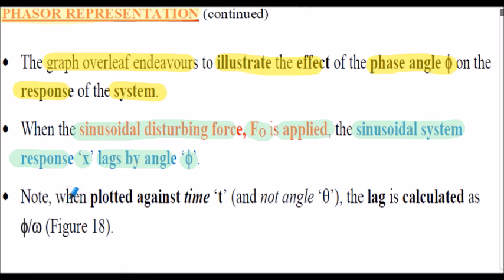Just note, when plotted against time t as opposed to angle theta, the lag is calculated as phi divided by omega. This is shown in figure 18 on the next slide.